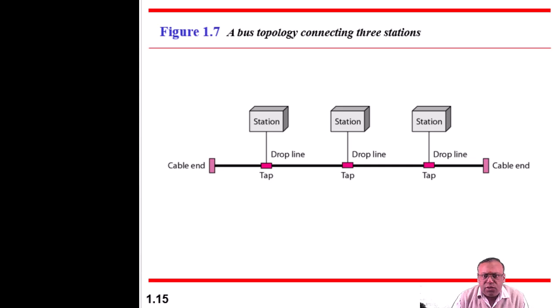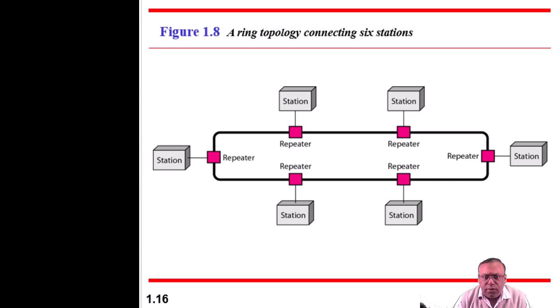The next topology we have is the ring topology. As per the diagram, you can see the stations are connected in the form of a ring. Here is a backbone cable. The only difference is that they form a ring, so you can transfer the data from one place to another in a circular fashion.